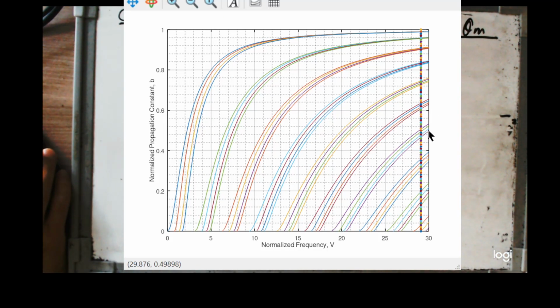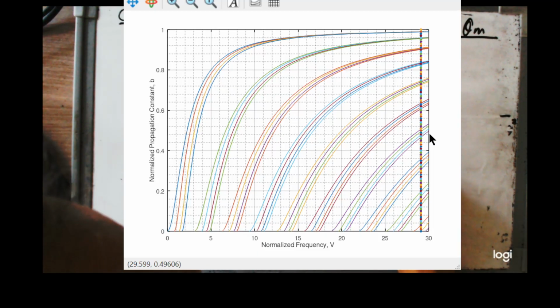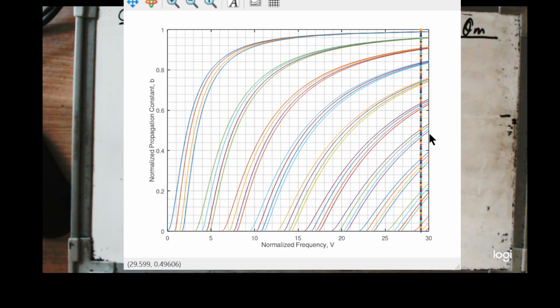And for mode 6, it's about 0.507, 0.508. Let's round it up. And for mode 7, the B value is 0.359.